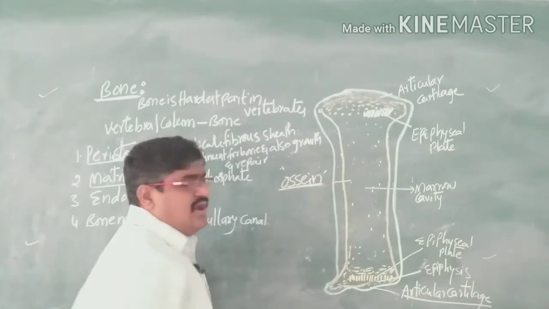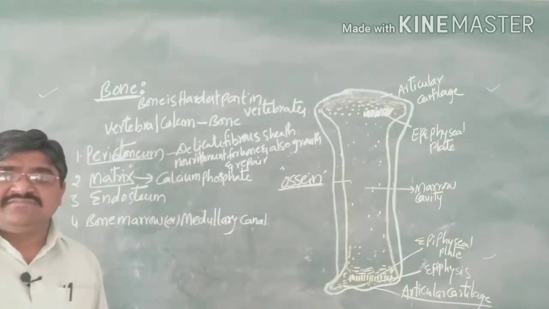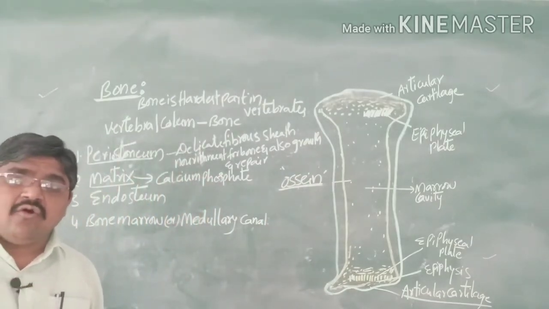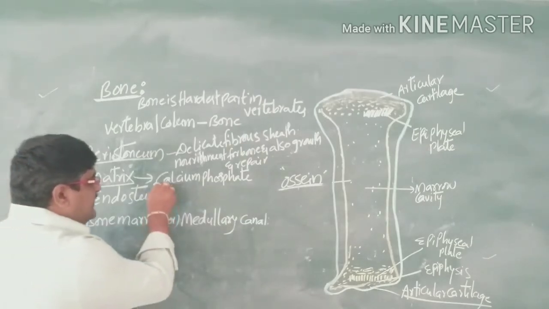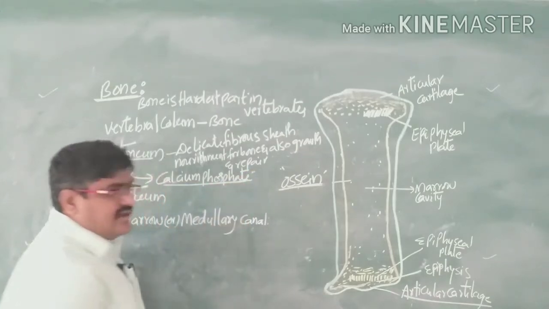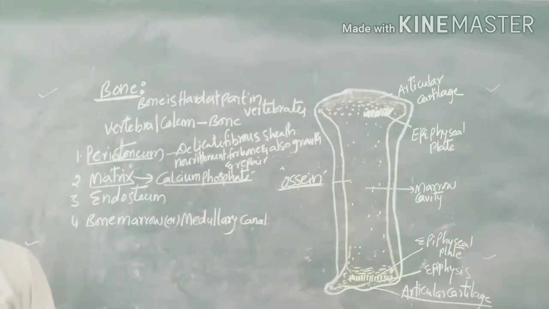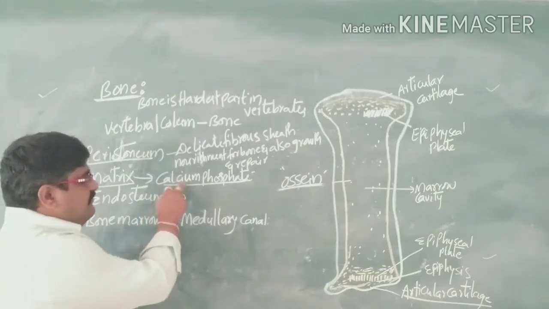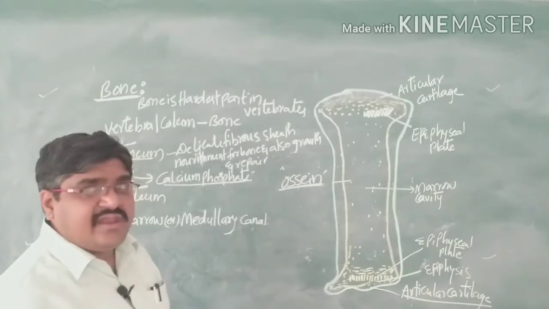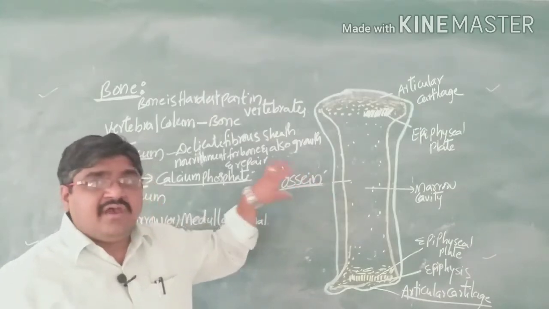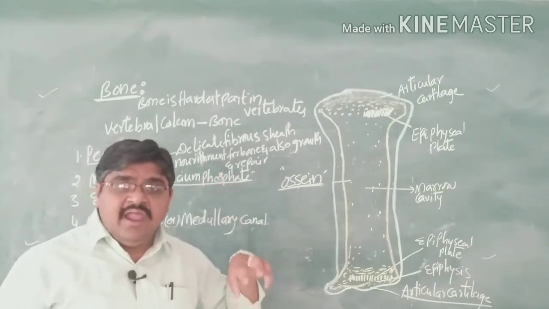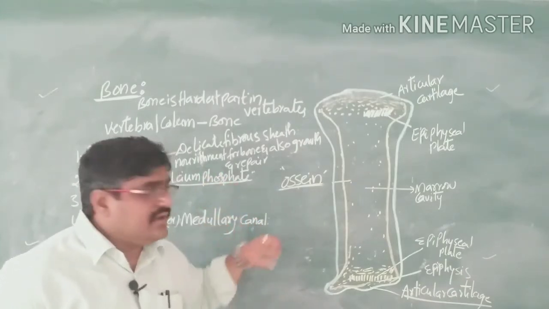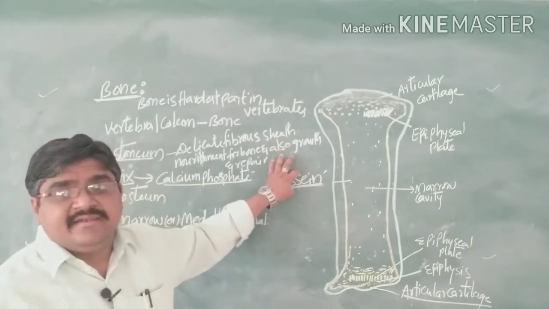The matrix has an inorganic component, mainly calcium phosphate, and it is also made up of a protein called ossein.